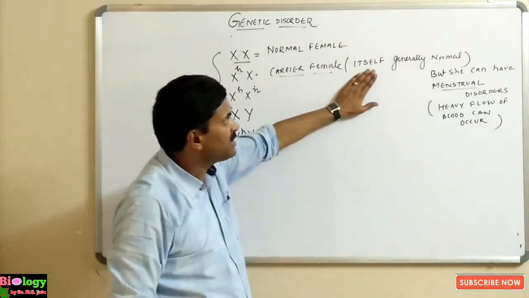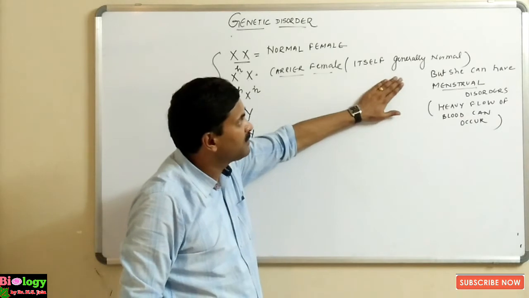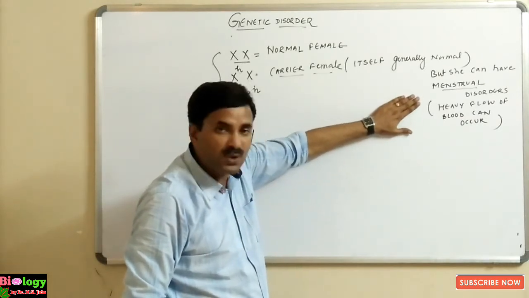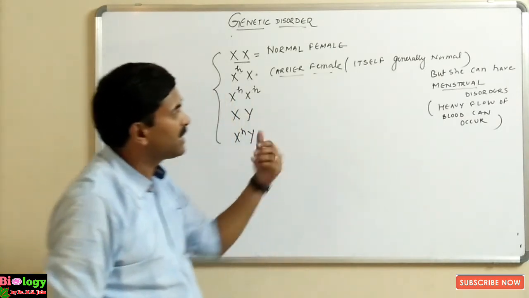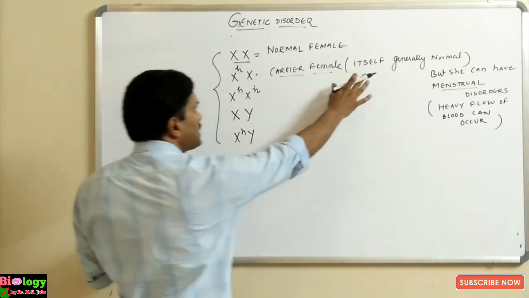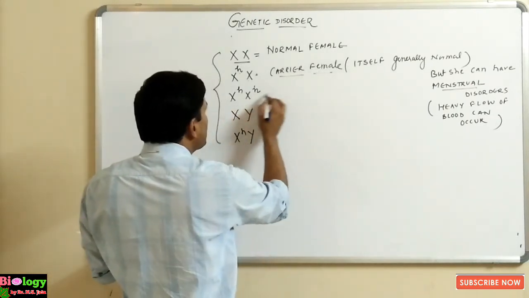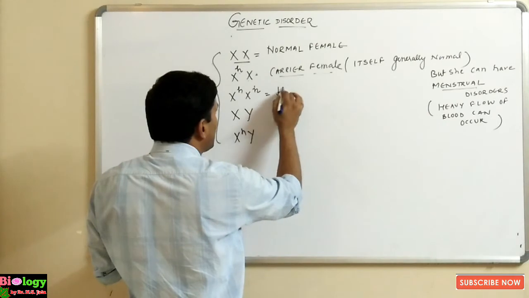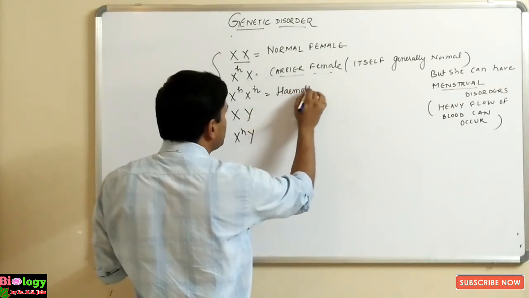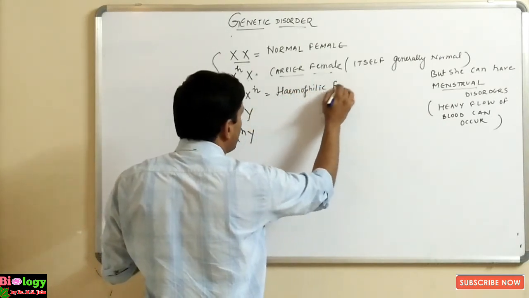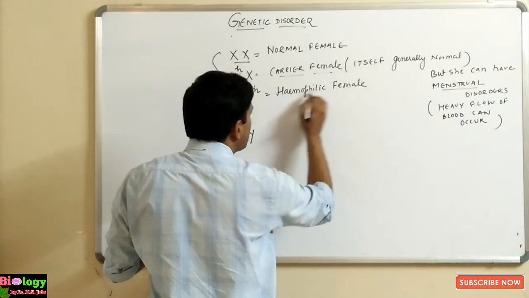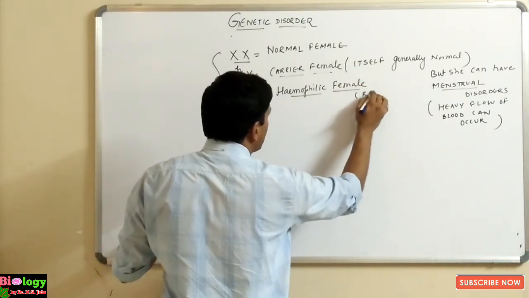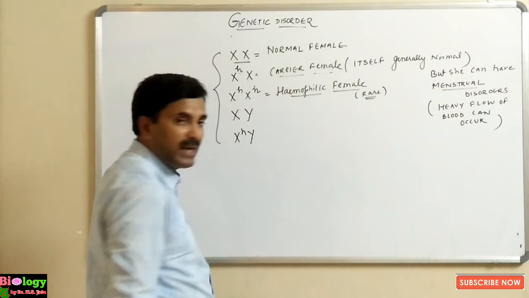Otherwise she is normal. Now XHXH is a hemophilic female, but a hemophilic female is generally rare.